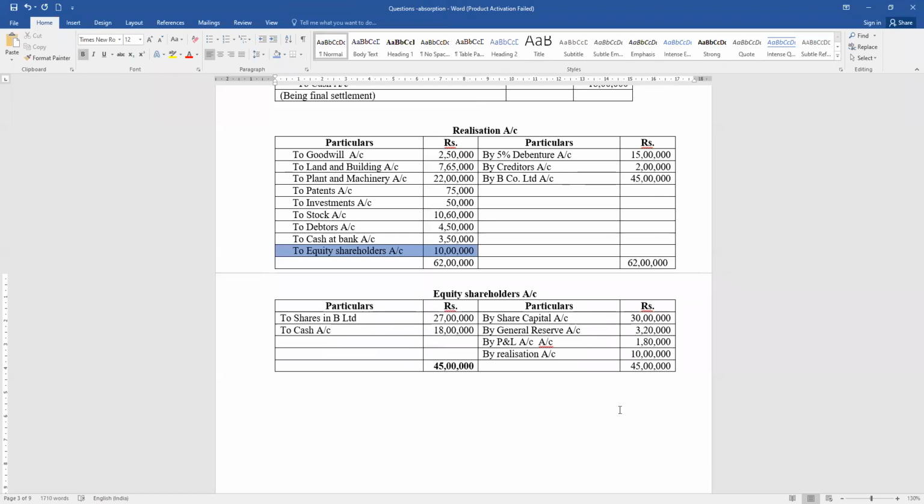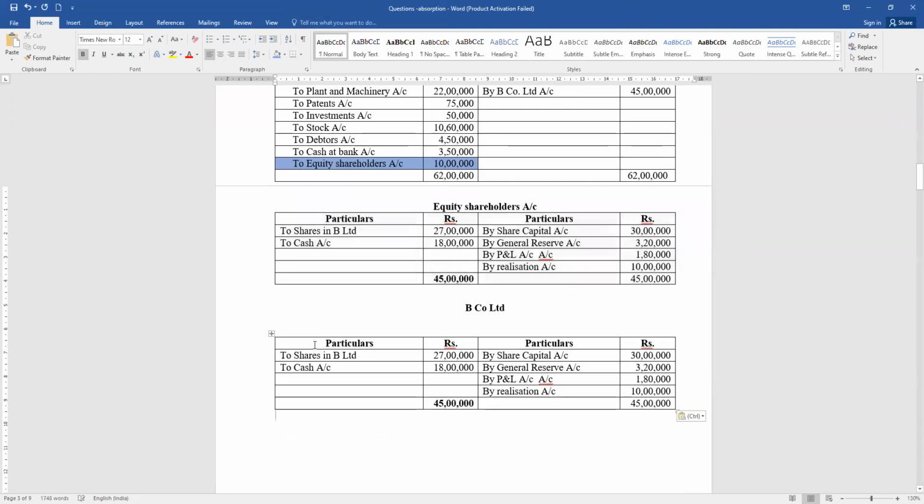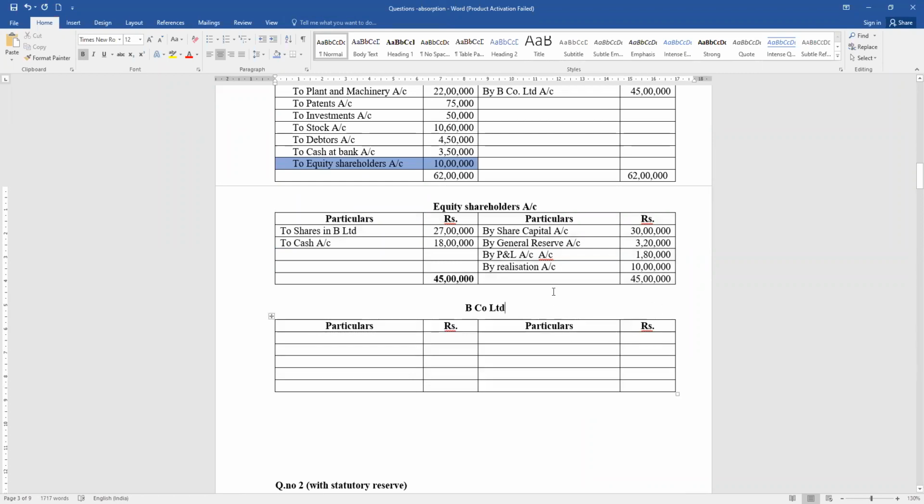In the absorption, extra, for the purchasing company, that is B Company Limited, you are going to make 1 simple ledger account.